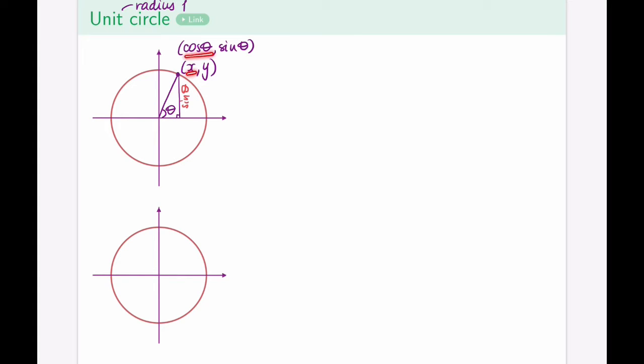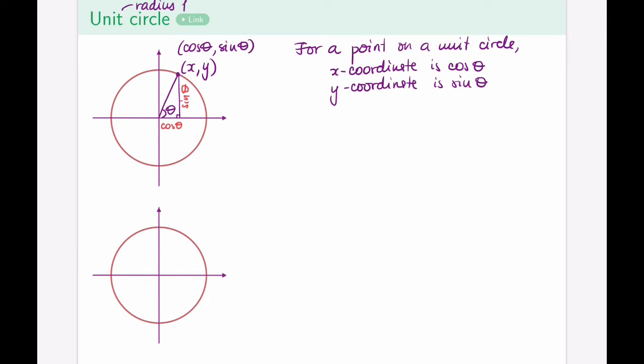The x coordinate is the cosine, which means that the horizontal distance here is cosine of theta. Now the angle is always counted from the positive x-axis counterclockwise. We have to pick a standard, and this is just the standard that we choose to work with.